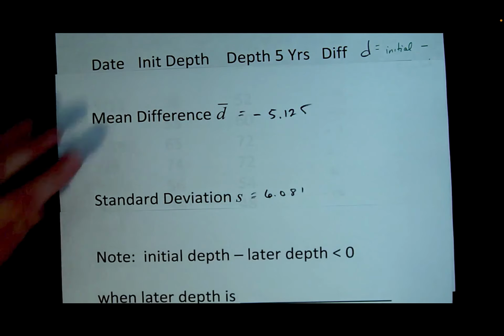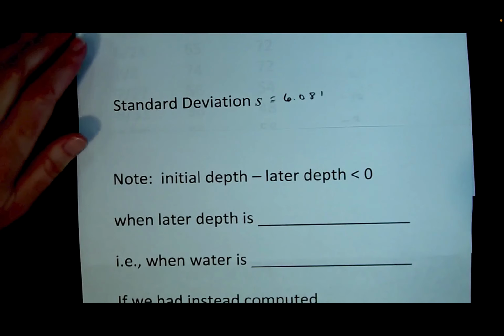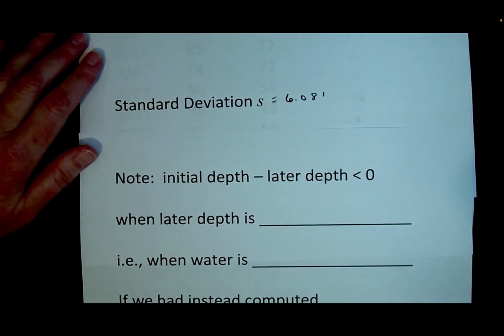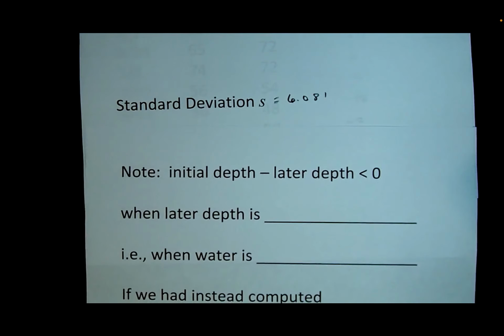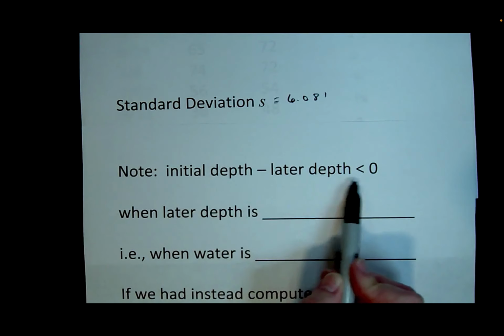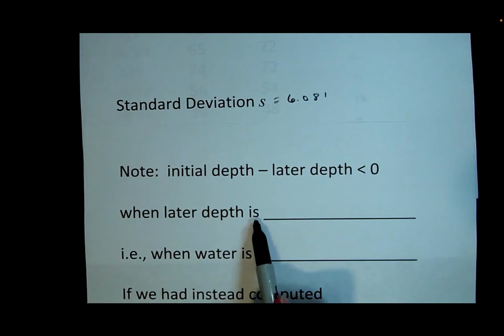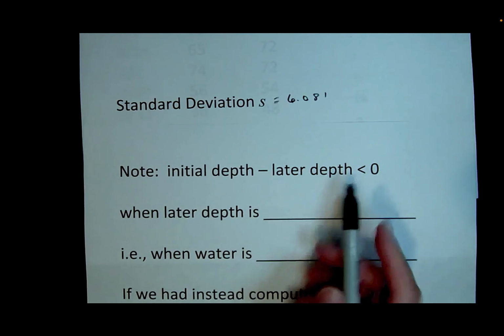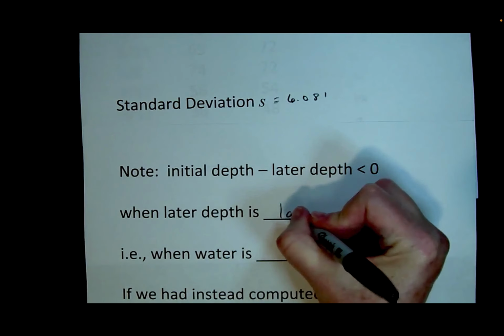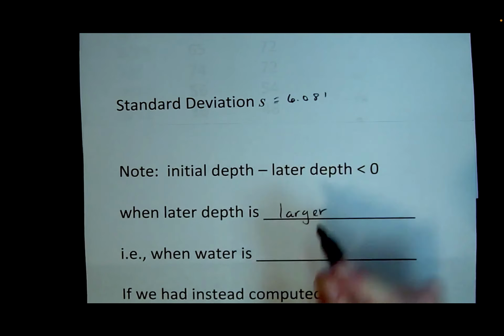So let's notice, before we go back and fill in what the alternate hypothesis is, that because we've done initial depth minus later depth, that's negative, less than 0, when the later depth is larger. If I subtract a larger number from a smaller one, that's when I get a negative answer.